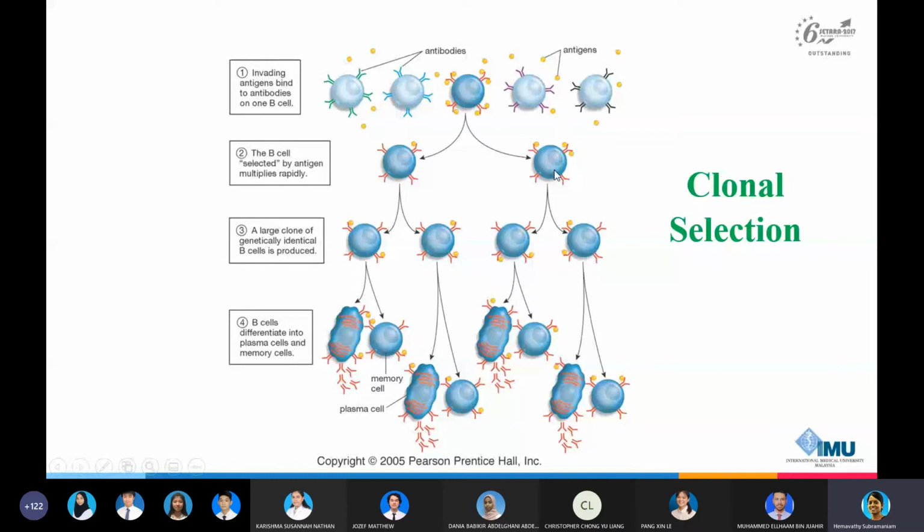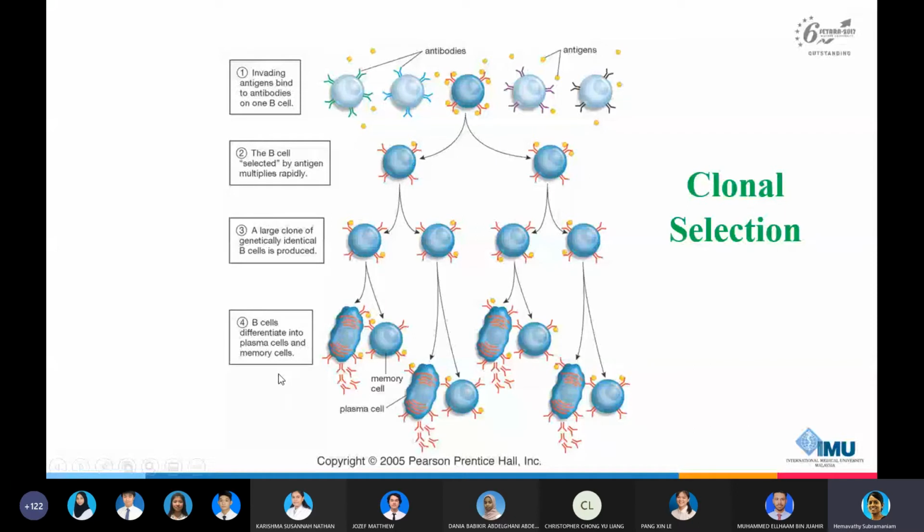They'll be genetically identical because only these B cells are specific to this antigen. And what is the point of proliferating all the other B cells which do not have a specific receptor for this antigen? It cannot act against it. So that is why we need clonal selection. Okay, so only the selected B cell will increase in number. And then that B cell will differentiate into plasma cells and memory cells.